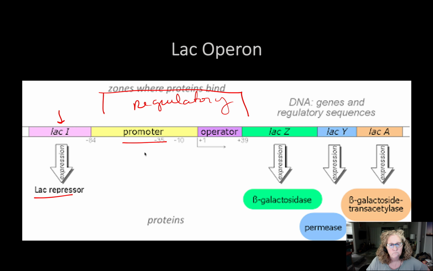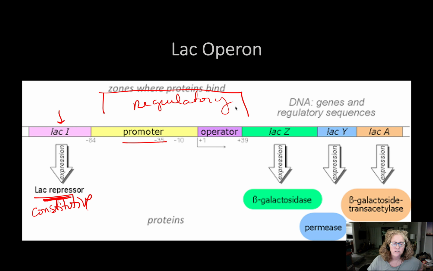The promoter is basically where your sigma factors and your activators bind, and where RNA polymerase and all of these transcription factors come together and say, hey, RNA polymerase, let's get going, let's get activated. The operator is where our Lac repressor binds. The Lac repressor is not regulated by the same genes; it is constitutive, so it's always being transcribed and translated.